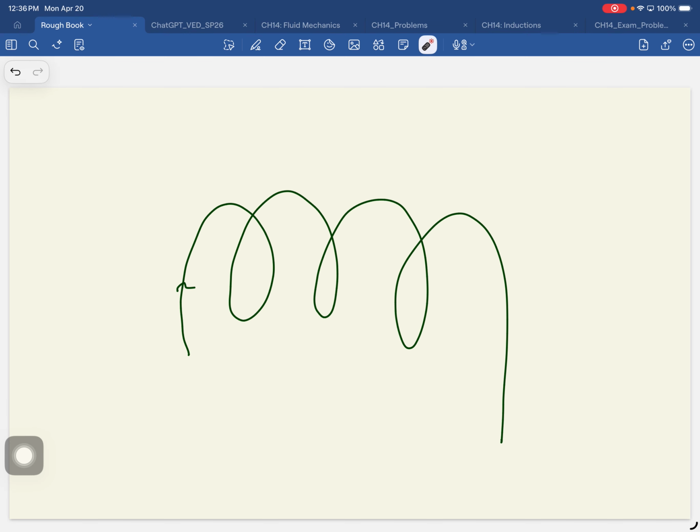If you just take a straight piece of wire and try to increase the current in it, there's no problem.